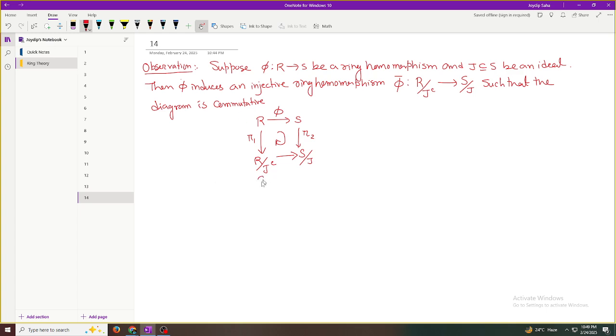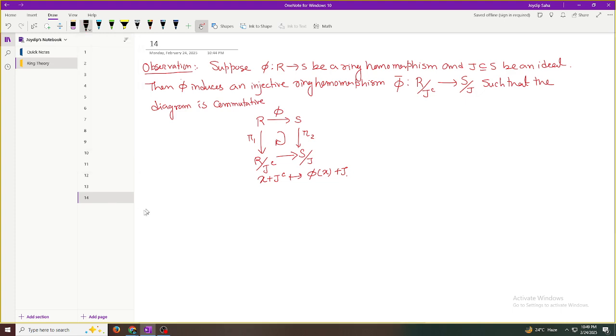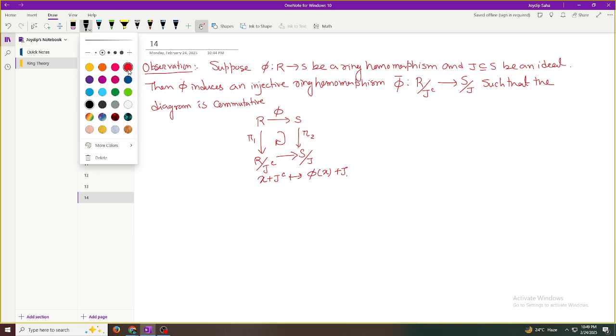So what is this? X plus J contraction goes to phi x plus J. So this is my phi bar.